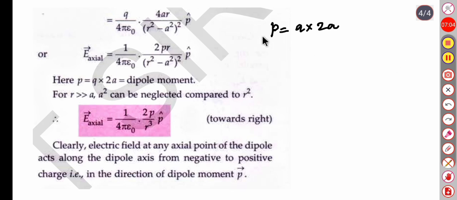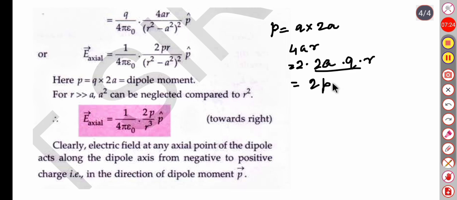So 4ar, if we separate it, can be written as 2 into 2a into q into r, so it will be 2 and this term is p and this is r, so 2pr. So the total expression will be 1 by 4 pi epsilon naught, 2pr by r square minus a square whole square, p hat. So here q into 2a is the dipole moment.